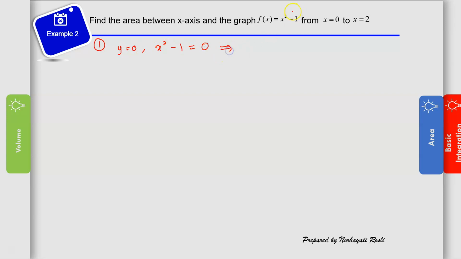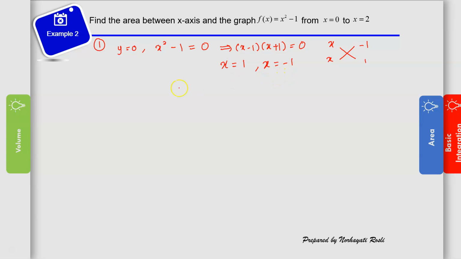In this case, we can factorize this function. We get x minus 1, x plus 1 equal to 0, which implies that x equal to 1 and also x equal to negative 1.